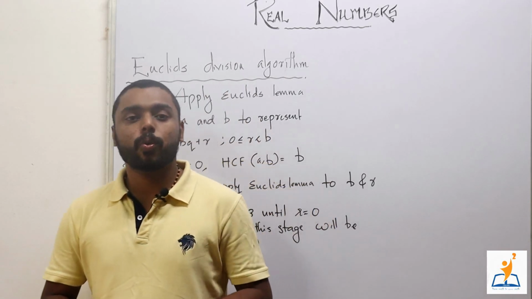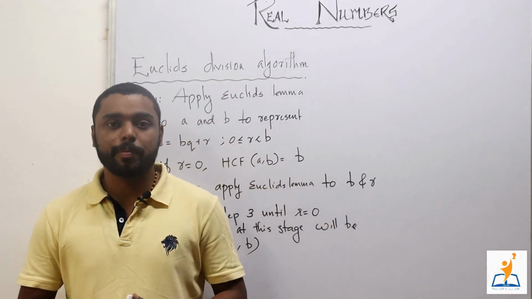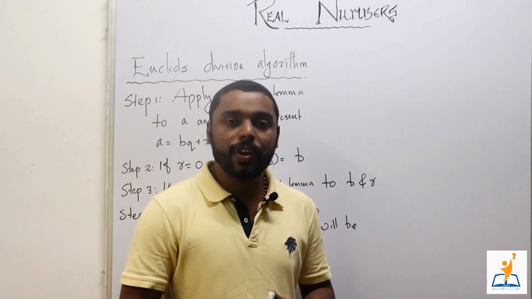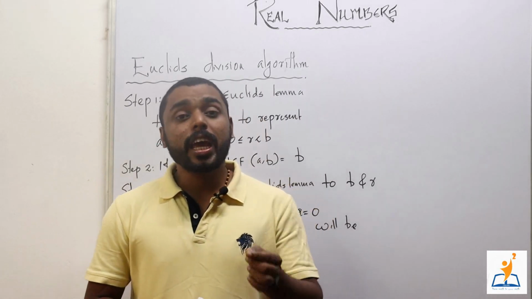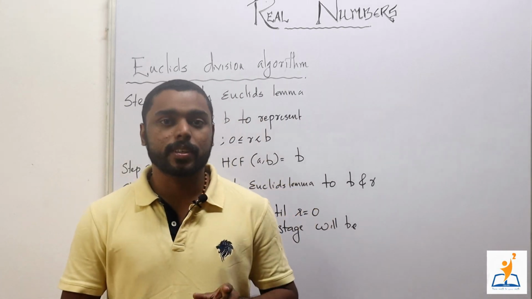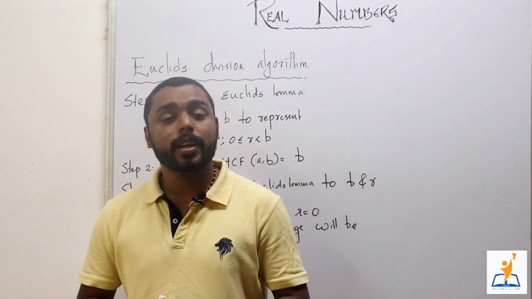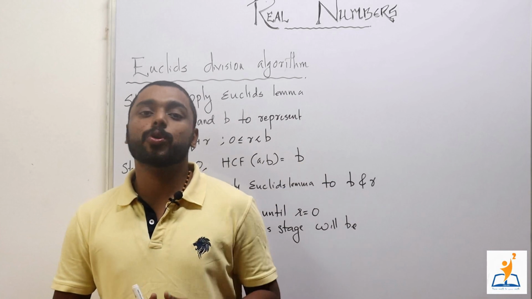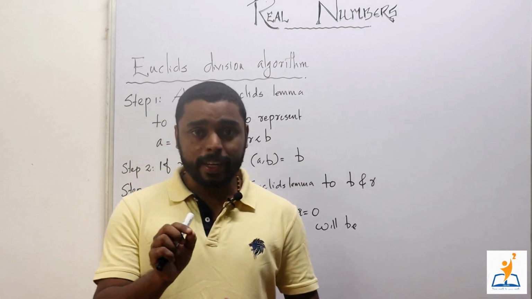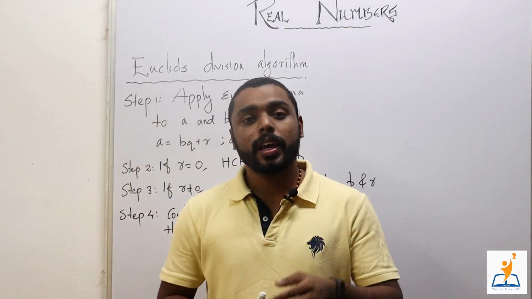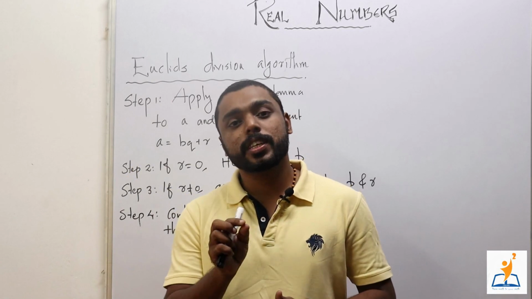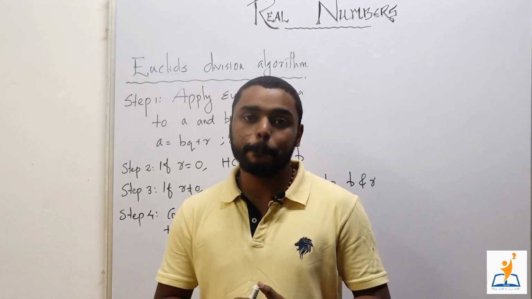So now we know what Euclid's division lemma is. That is, for any two arbitrary integers a and b, we can find unique integers q and r such that a is equal to bq plus r, and r can be varied from 0 up to the divisor b.